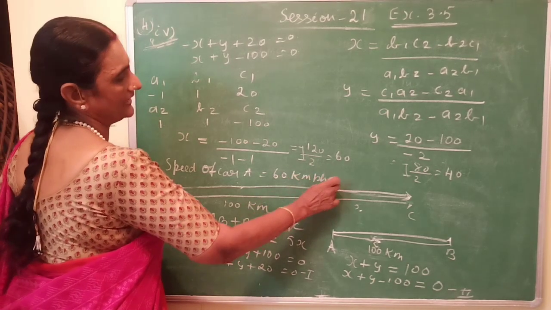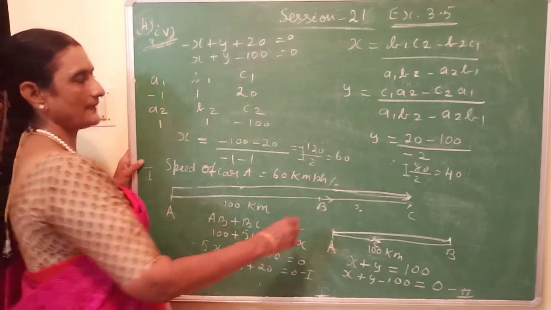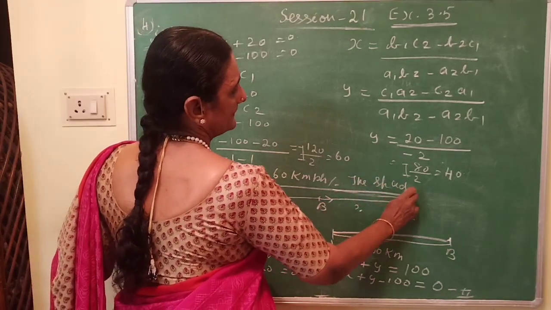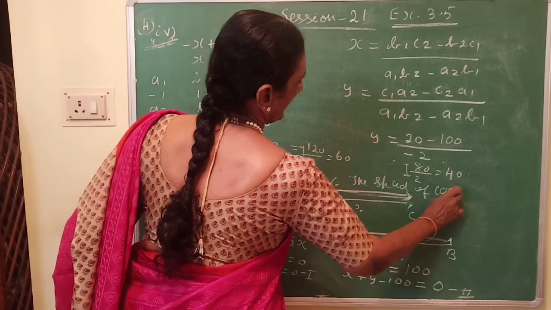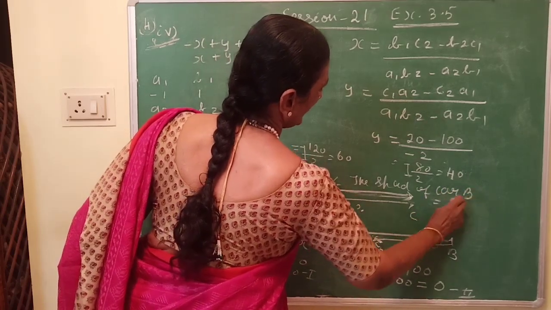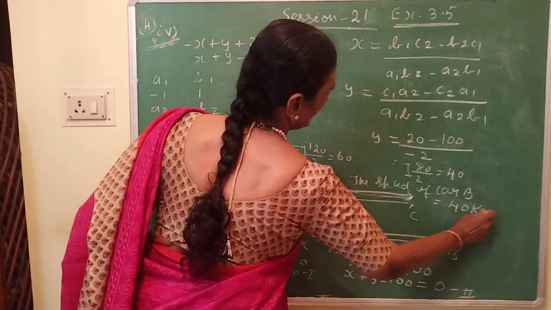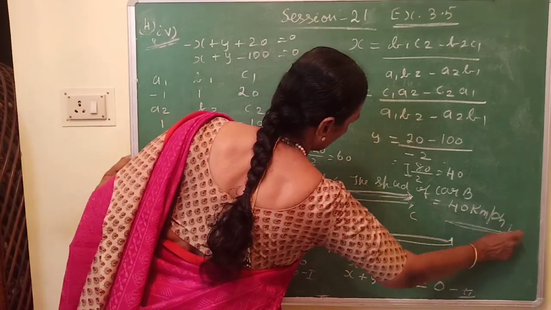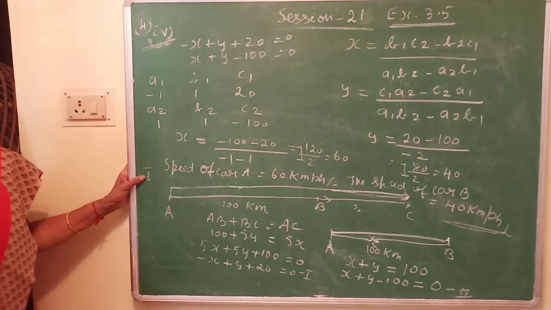This is very, very important. And the speed of car B is equal to 40 km per hour. You have to write like this and conclude the sum, highlight your answers.